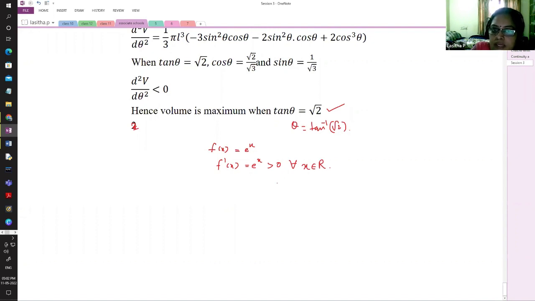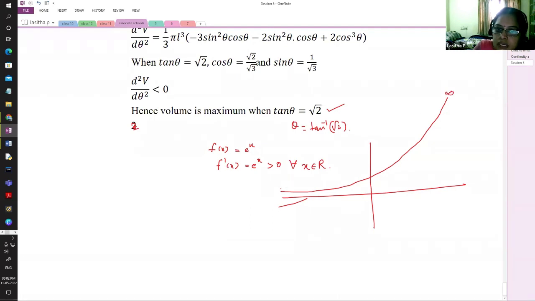That is how we can communicate this kind of problem. There is no turning point, so no maxima or minima. The graph of e to the power x goes to plus infinity on one side and to minus infinity on the other, and it simply crosses the point (0, 1).